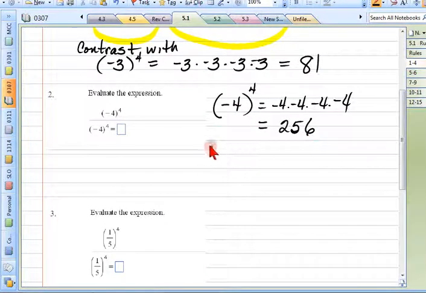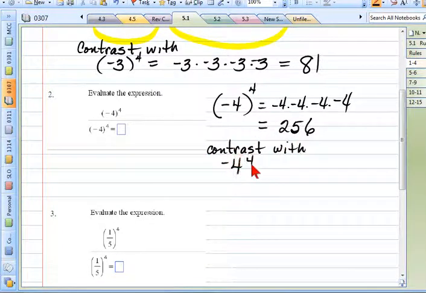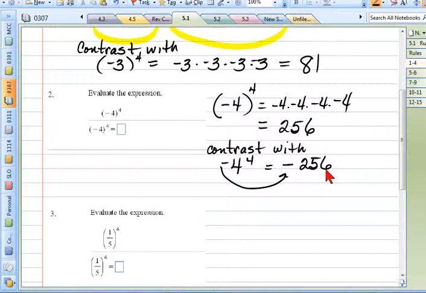Now, contrast with, what if I had negative 4 to the 4th and I didn't put it in parentheses? That would just travel along, and it would be negative 256.